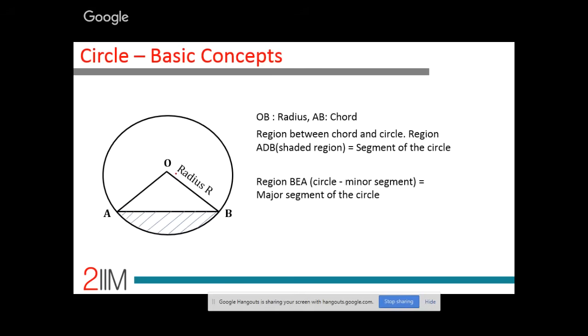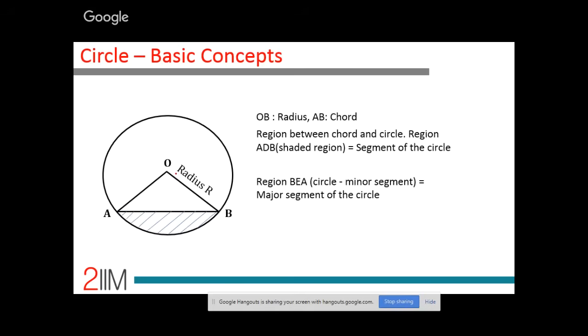So, AB is a chord of this circle. What type of triangle is triangle AOB? Isosceles, 2 radii. So from O, if I draw a line perpendicular to AB, what can I say about it? Bisect. So from center of a circle, if you draw a line perpendicular to a chord, it will bisect the chord. From center of a circle, if you draw a line bisecting a chord, it will be perpendicular to the chord.